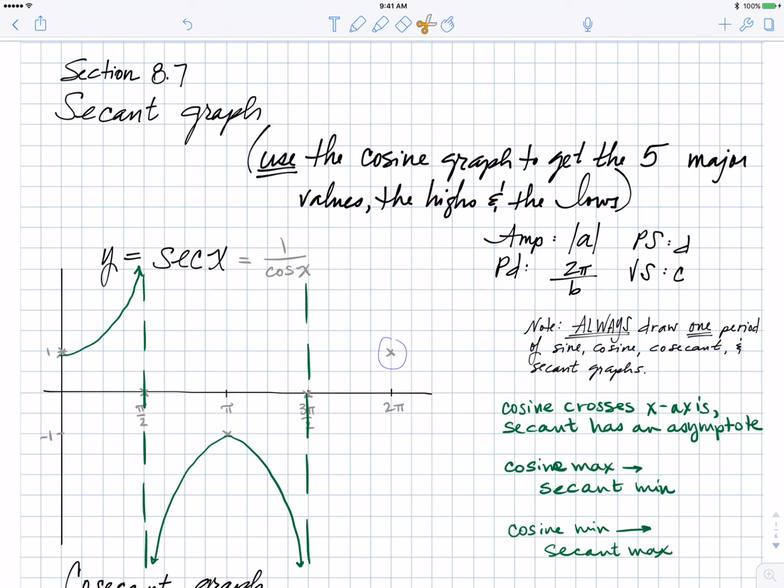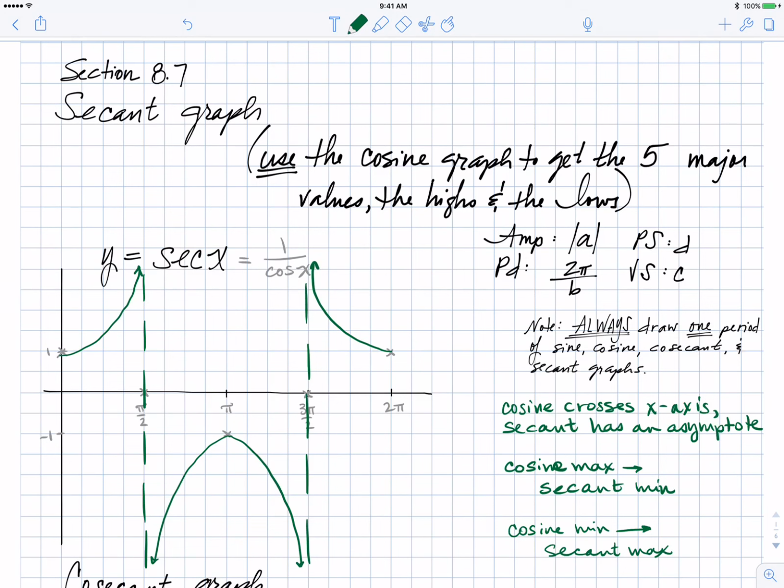Lastly, we have one more cosine maximum, which is now going to be a secant minimum. Again, make sure that you're getting closer and closer to asymptotes, but you never actually reach the asymptote. So all that's graphed in green then is my secant parent.